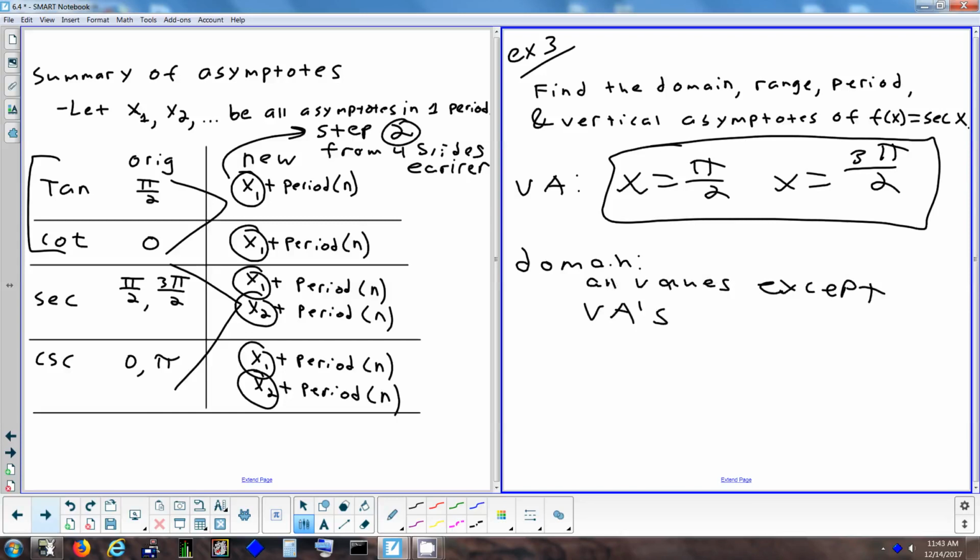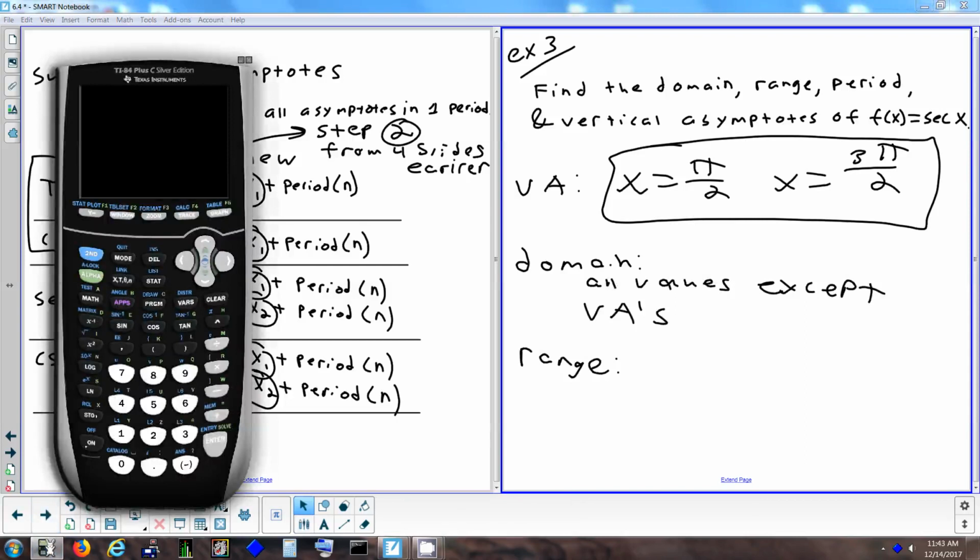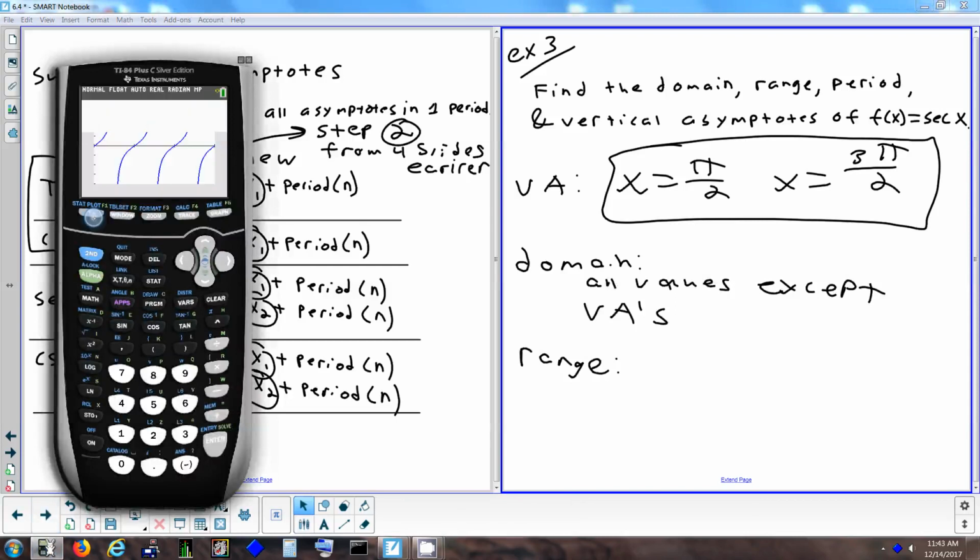The range, well, let's look at the graph. So to graph secant, I have to flip which function? Cosine. 1 over sine would be cosecant.